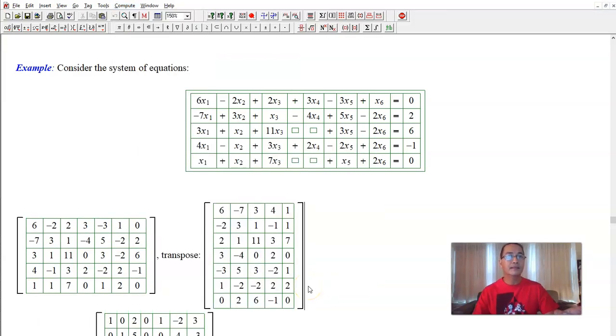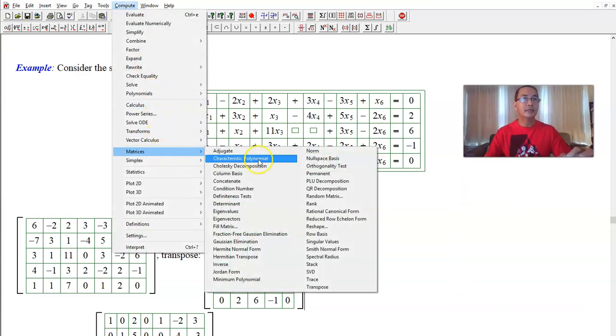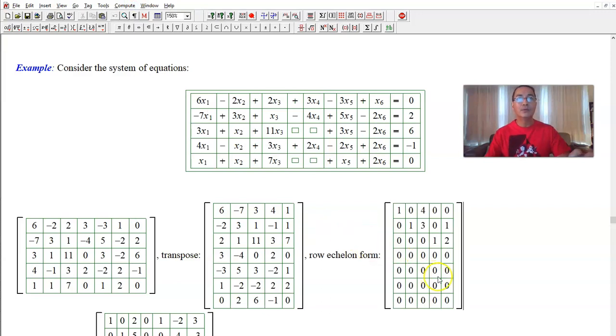Okay, and then it said that we need to find the REF of that transpose and look for the free variables. So let me scoot up here and let's go compute matrices REF. Ooh, okay. So we have leading variables at column 1 and column 2 and column 4.